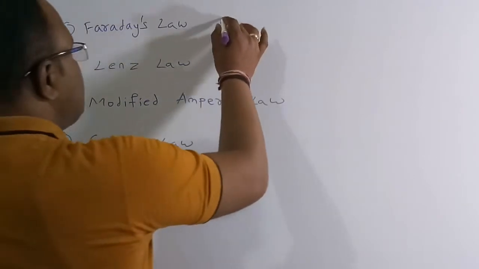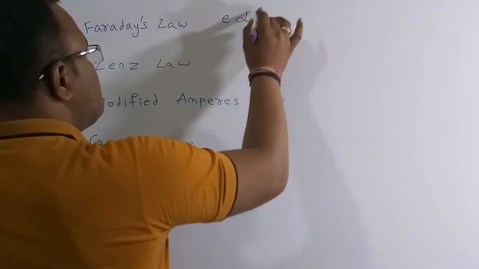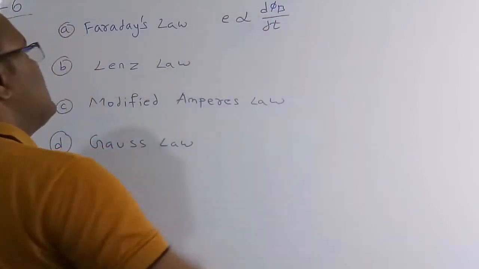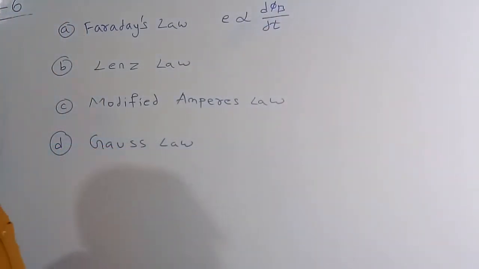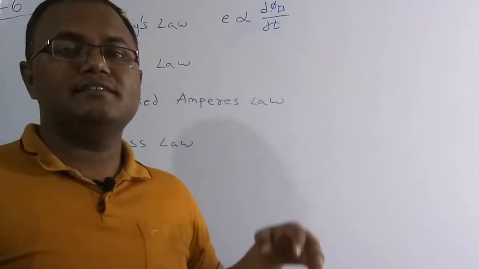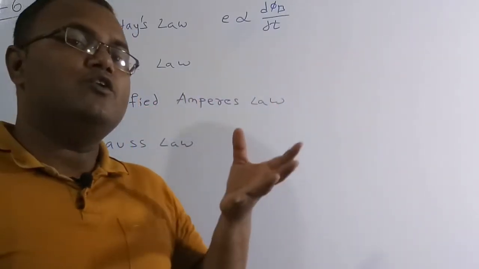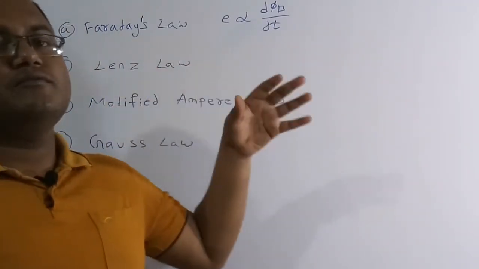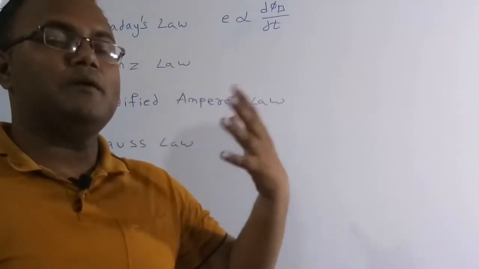It says that the EMF is directly proportional to the rate of change of magnetic flux. But Lenz's law says that whatever EMF is induced will produce a current in such a way that the current will oppose the original cause. So we can conclude that the effect will always oppose the cause.